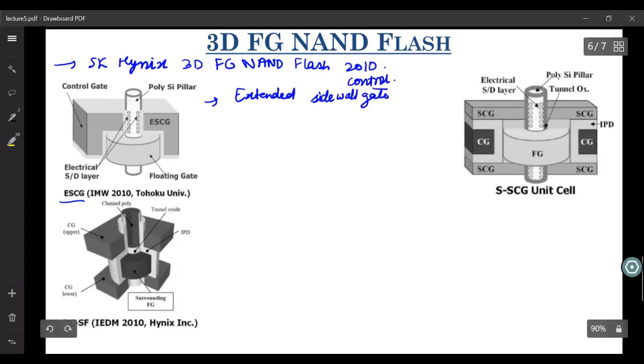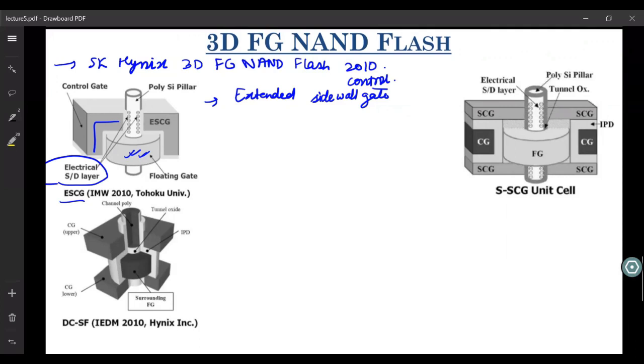So what it had was this kind of extended sidewall gate, and this was the floating gate, which was a gate-all-around structure. With the help of this extended sidewall gate, it was influencing the floating gate, and at the same time, it was inducing these virtual source and drain regions, which is represented by this electrical SD layer.